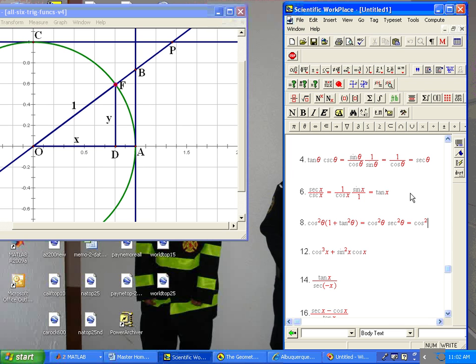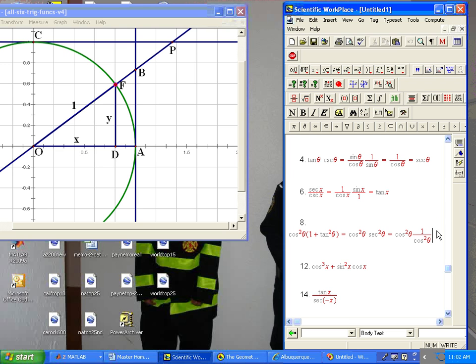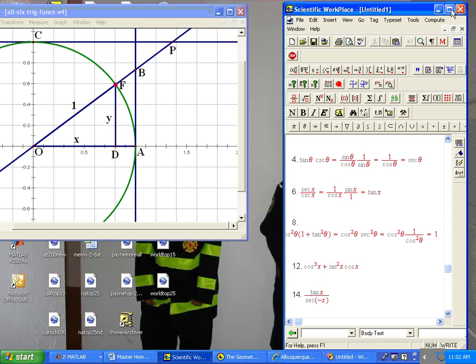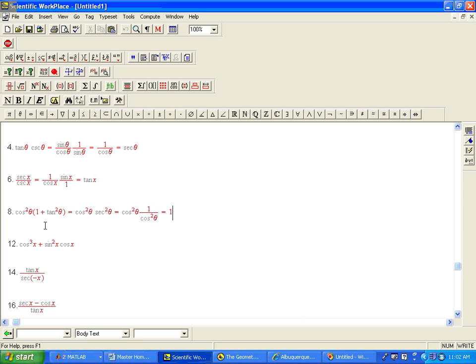That's cosine squared times 1 over cosine squared. And that's equal to 1. So that's a little surprising. So when you see this complicated expression in the middle of some algebra involving trig functions, it's a very, very good thing, because in fact it's just equal to 1.